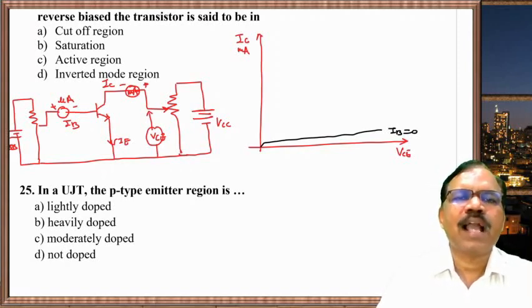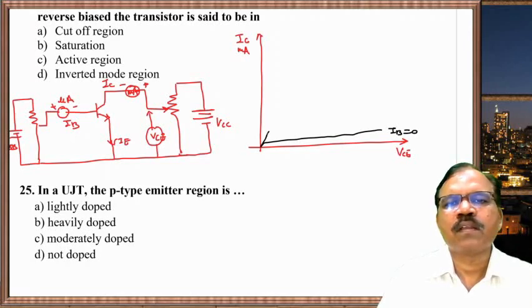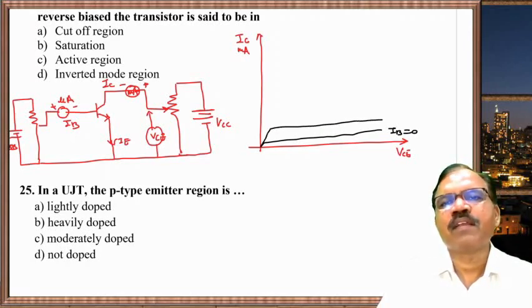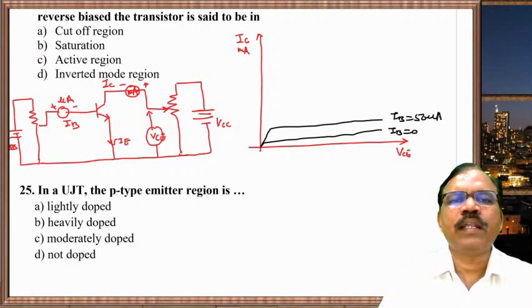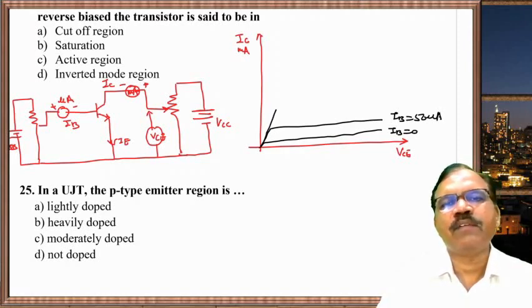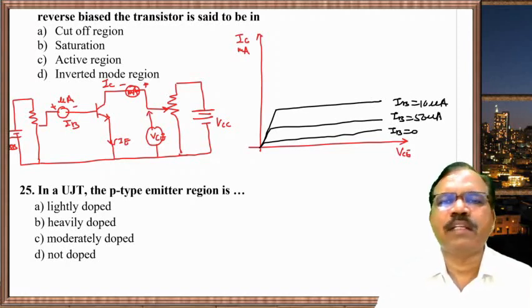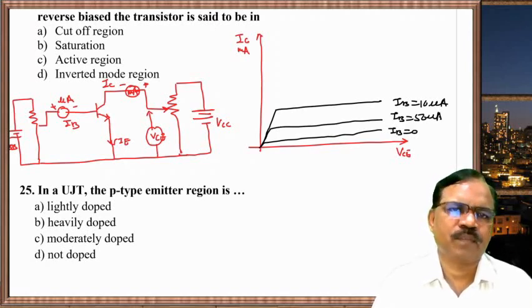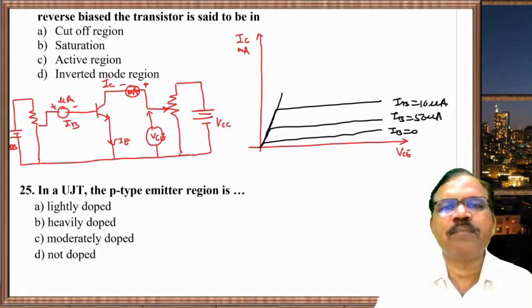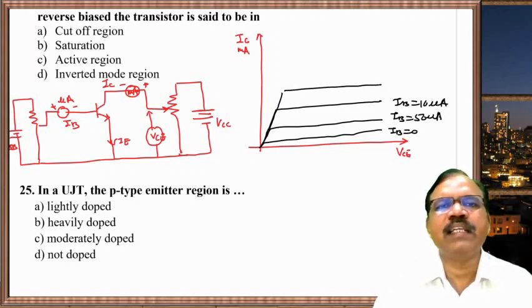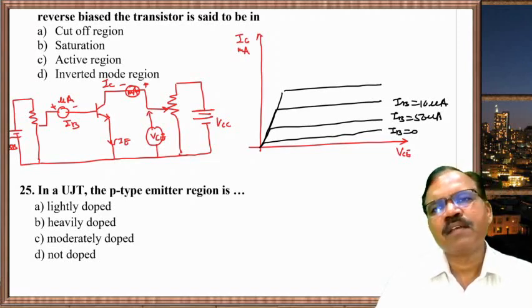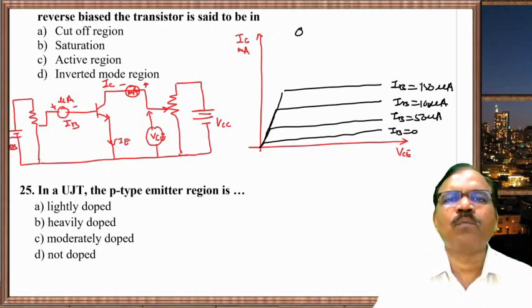Then we take a higher value of IB, say 50 microampere, and plot the graph. Then IB equal to 100 microampere, then 150 microampere, and so on, keeping the base current constant, changing VCE and finding IC. This is called the output characteristics.